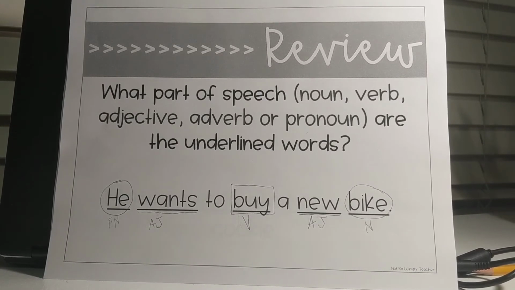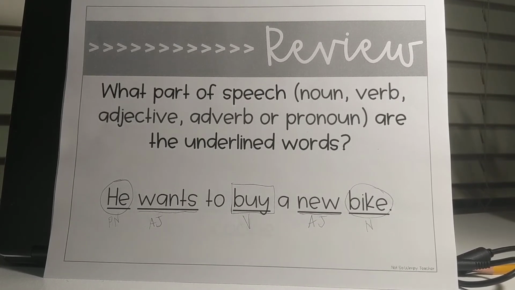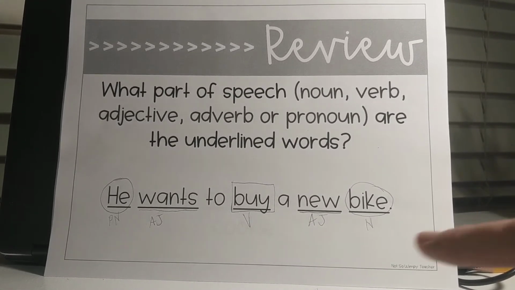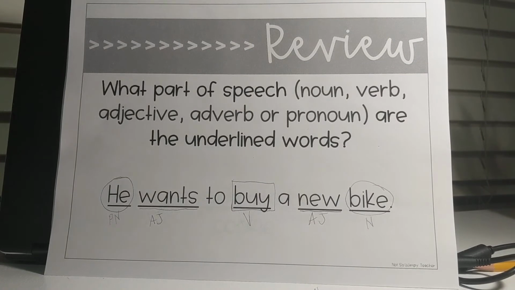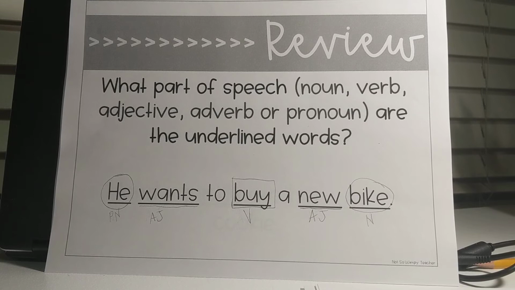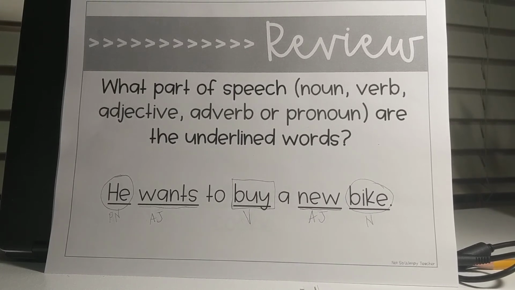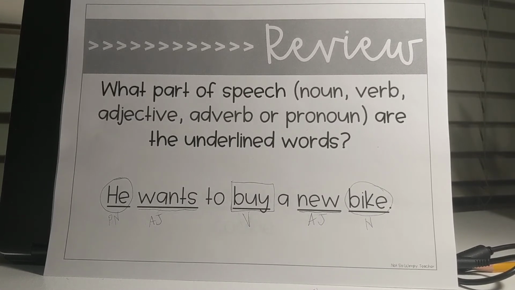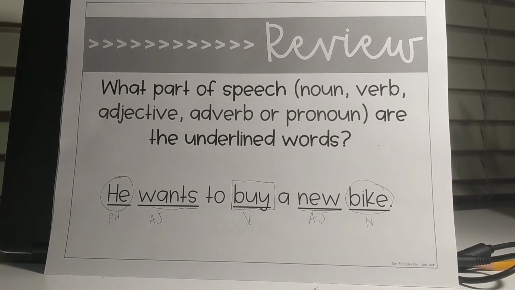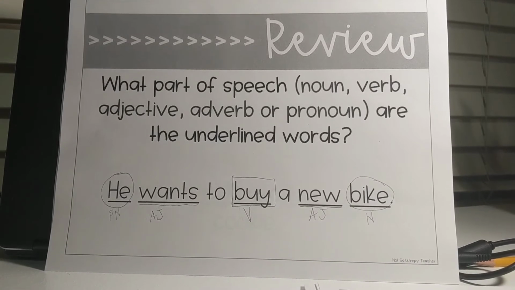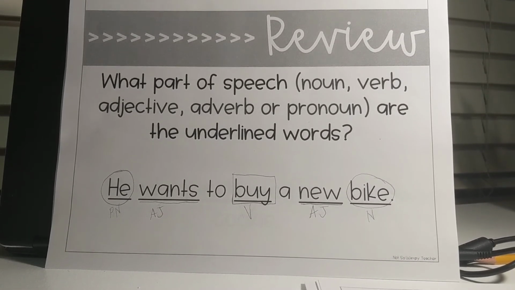He is a word that replaces a noun, Jack, John, Peyton, I don't know. Whatever he is replacing a noun, so that's a pronoun. Wants is a verb because it's describing the he in the sentence. He wants to buy, which is a verb because buying is an action, a new bike. So new is an adjective because it describes the noun bike.